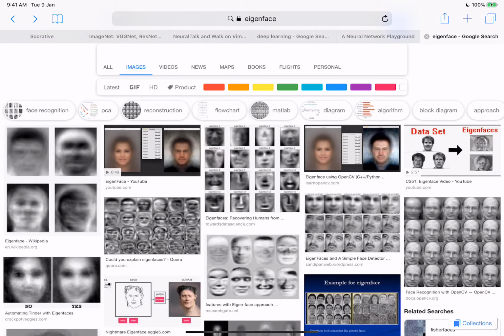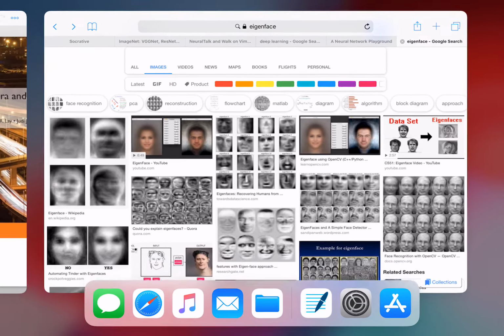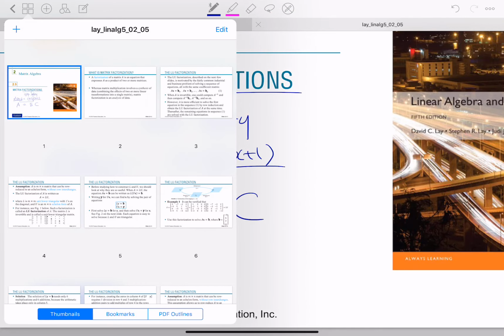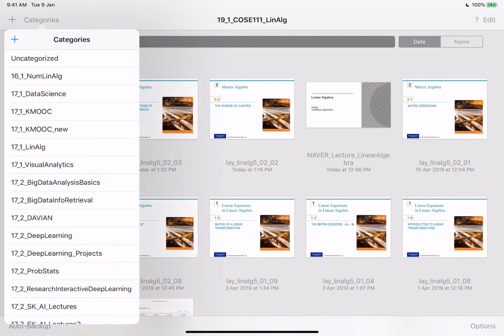So how do we represent images as a matrix? It's quite off topic, but let's see.